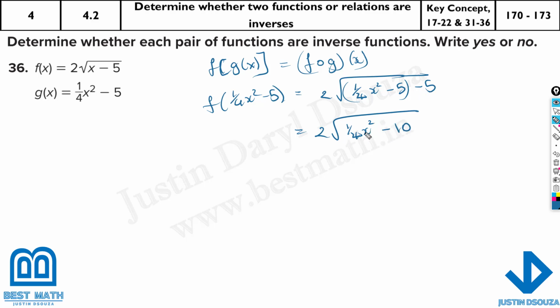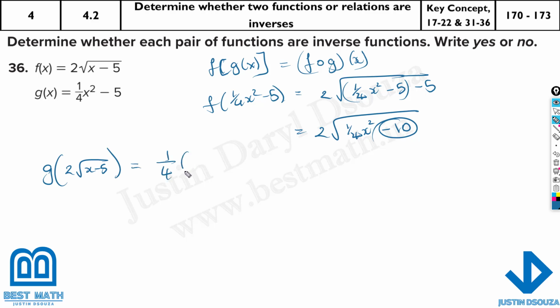Now this cannot be inverse. I think they're supposed to change the sign, but anyways, now this is not an inverse. Why? Because you cannot simplify this. There's a constant term here, so you can tell this is not an inverse. Even the other way around, you can try this. g of 2 square root x minus 5, that will be equal to 1/4.